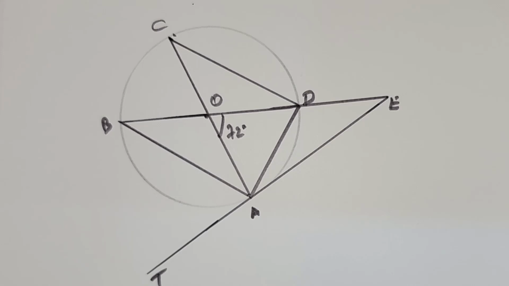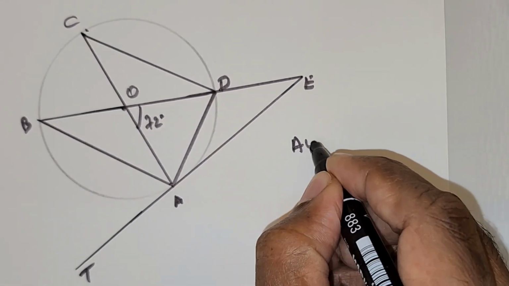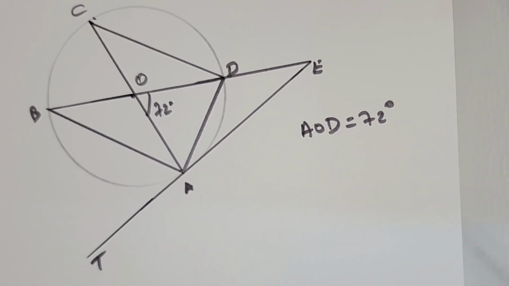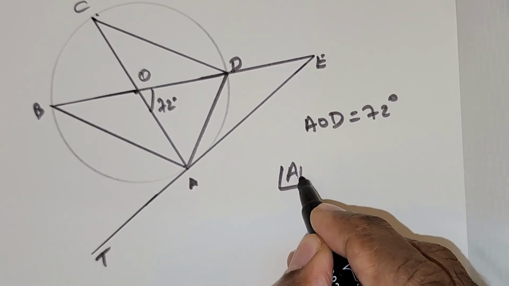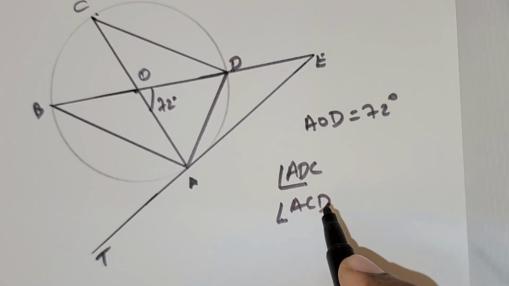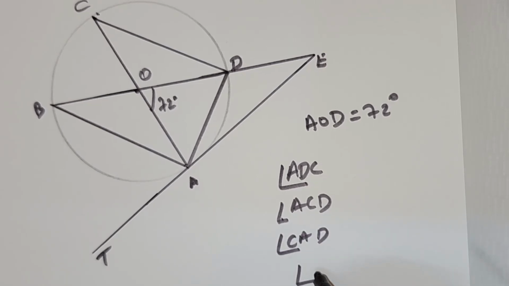Okay. So now we are asked to, so this is given AOD 72 degrees. This is given. We are asked to find angle ADC, angle ACD, and angle CAD, angle OEA.